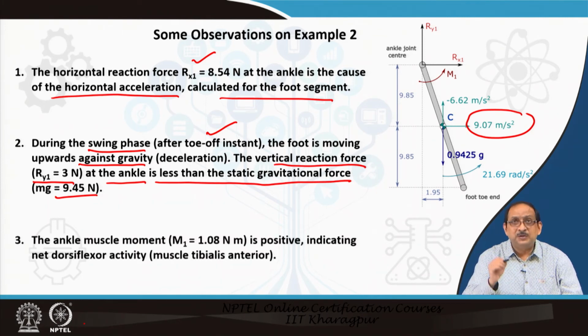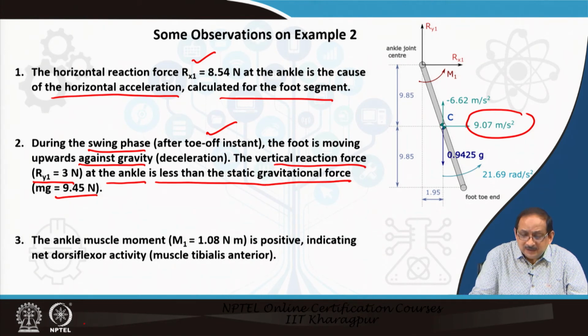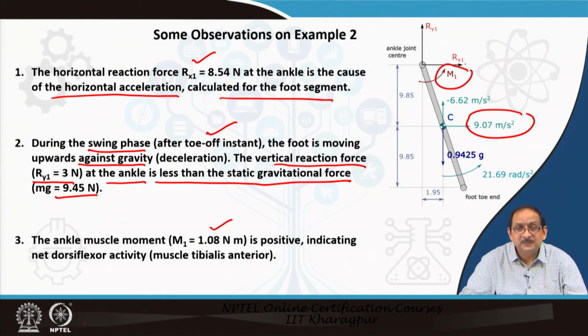And the third important observation from the problem is the ankle muscle moment calculated as M1 equal to 1.08 Newton meter, as indicated in the diagram, is positive. It is acting anti-clockwise or counterclockwise, indicating net dorsiflexor activity due to the muscle tibialis anterior.